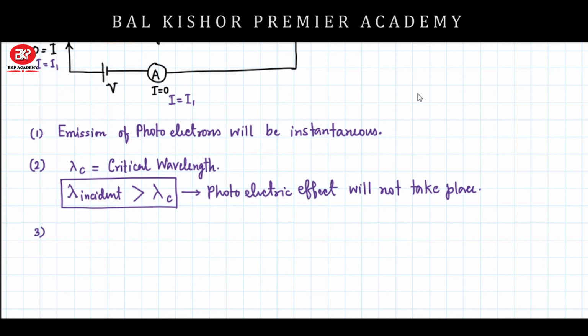The third one is the kinetic energy of the emitted photoelectrons. So we can say that the kinetic energy of the photoelectrons depends on the light.